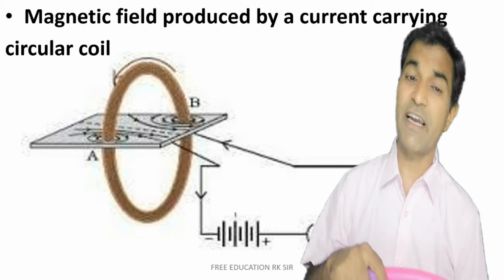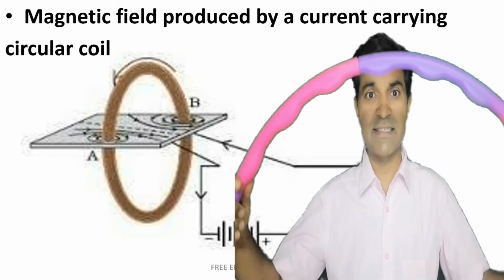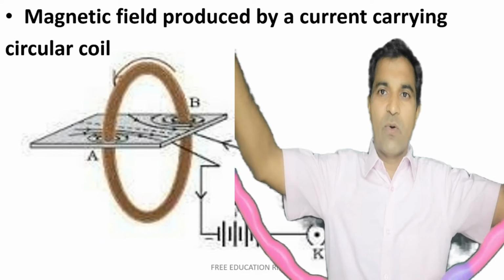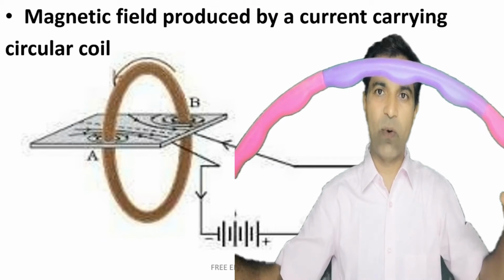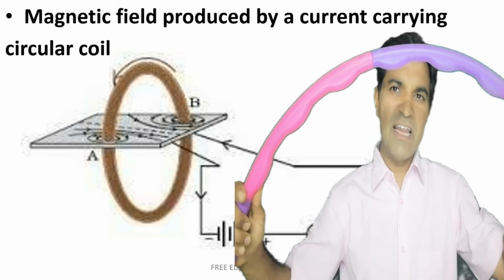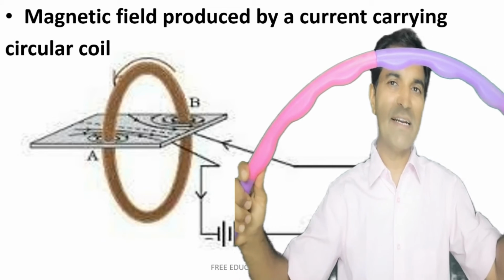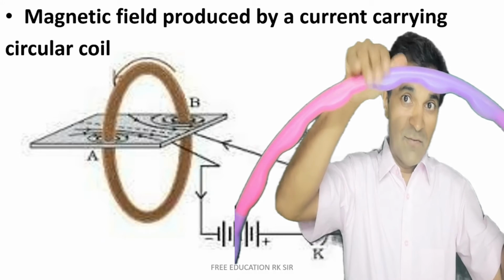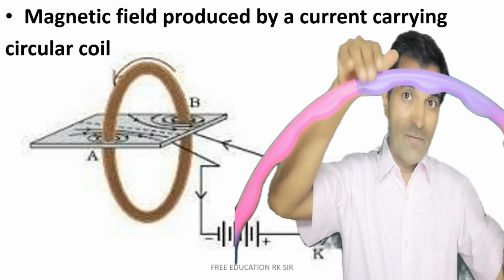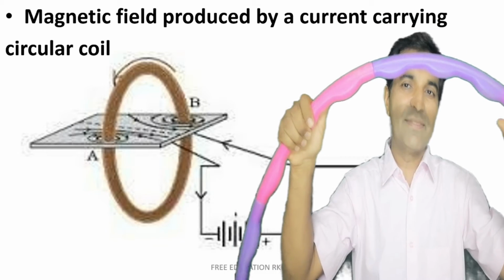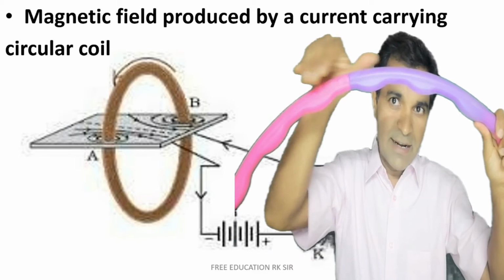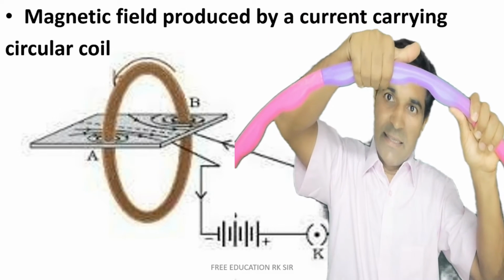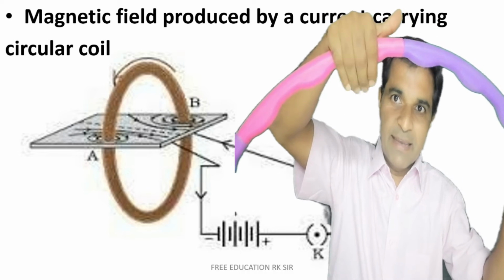Now let us try to understand or extend the concept to a circular coil. See, this is a circular coil, right? A very big circular coil. And if we try to understand the direction of the magnetic field which will be produced due to current in this circular coil, then according to the right hand thumb rule, if this is the direction of electricity, then this will be the direction of magnetic field.